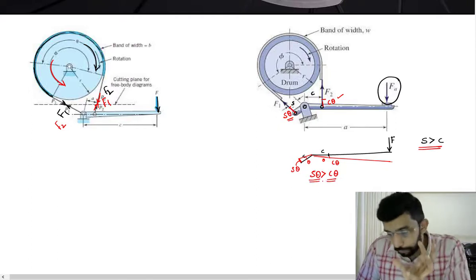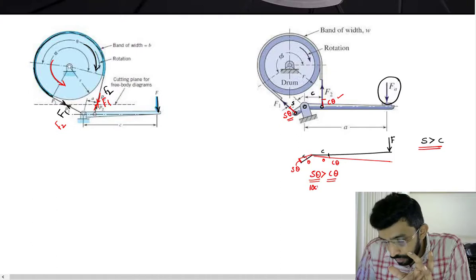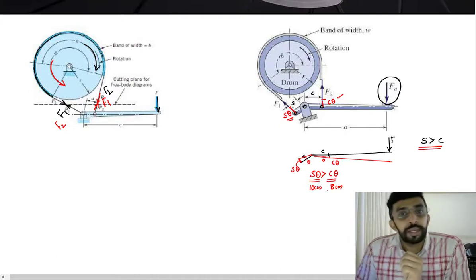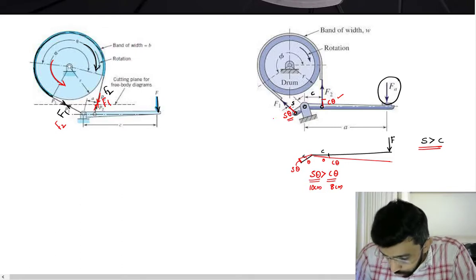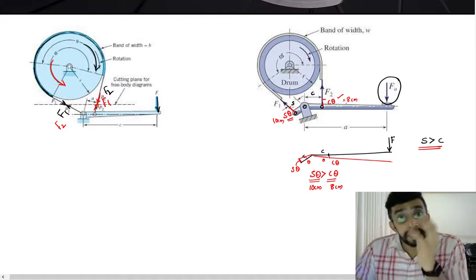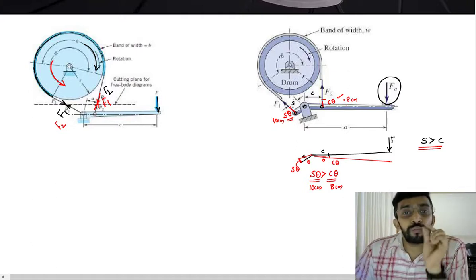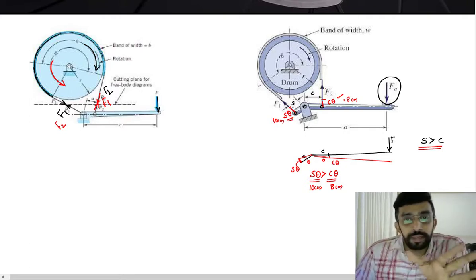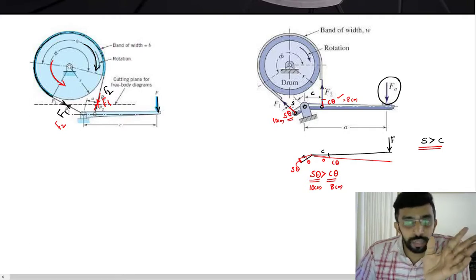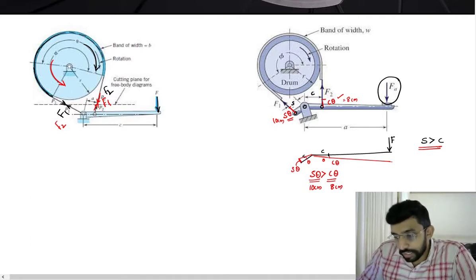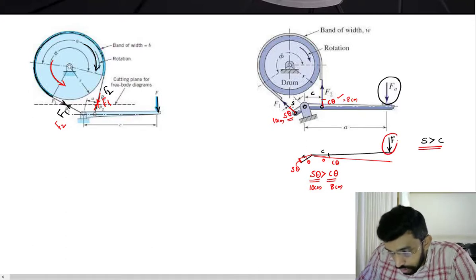Say this is 10 centimeter and this is 8 centimeter. Here the belt is loosened by 10 centimeter, and here it is tightened only by 8 centimeter. That means there is still a looseness of 2 centimeter in the system, so no braking action is taking place. So if S is greater than C, this is not the direction of force. It has to be in the upward direction.